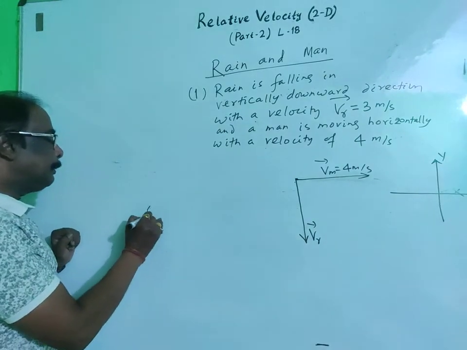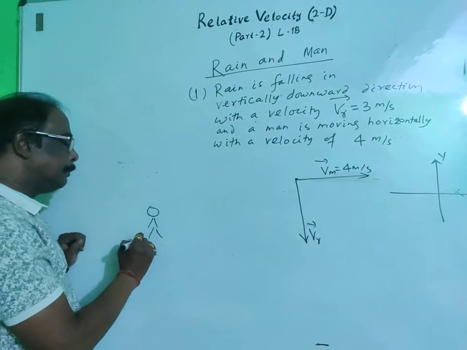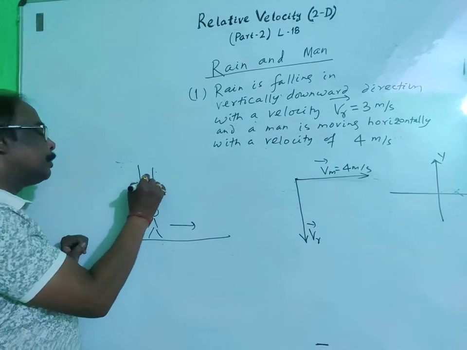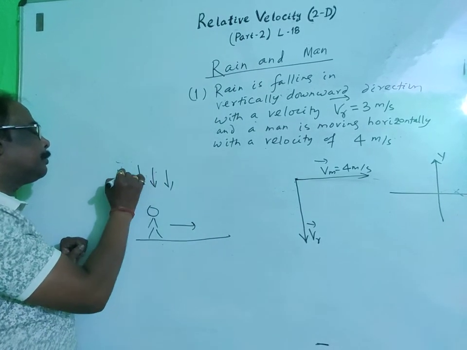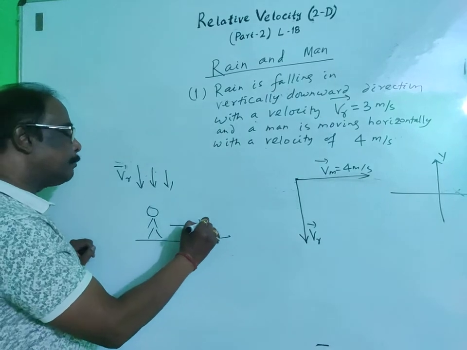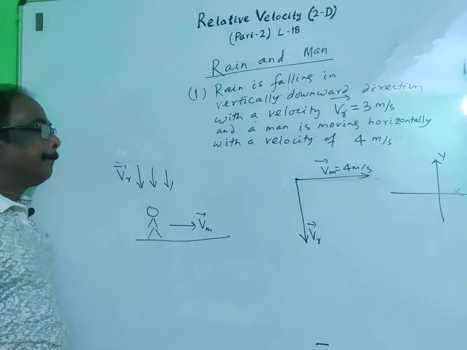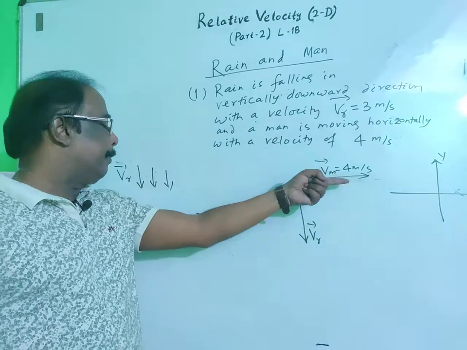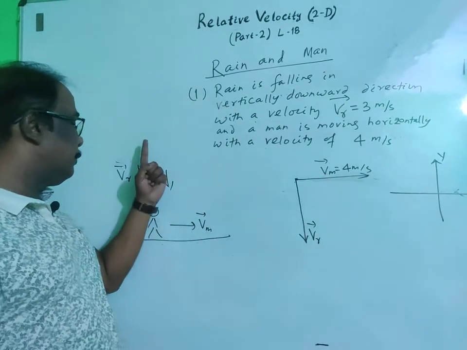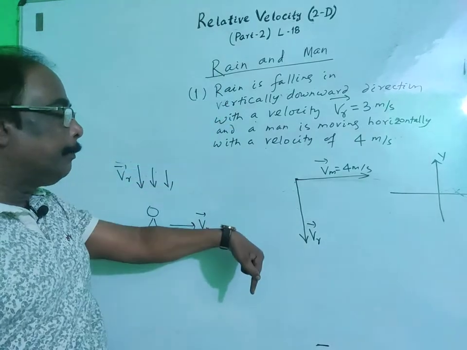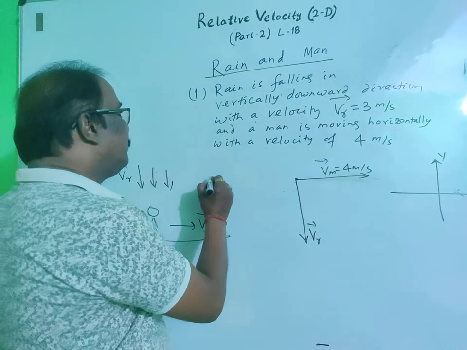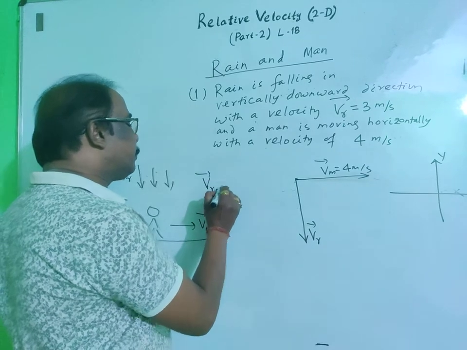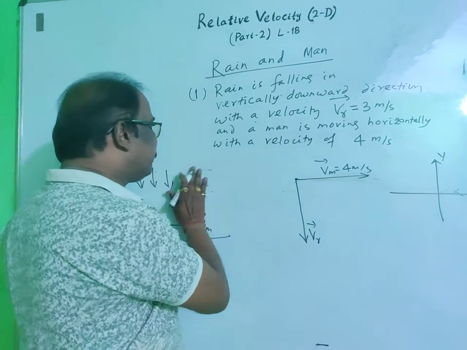You may represent here a man moving in the horizontal direction and rain falling vertically downward. This is the velocity of rain and this is the velocity of man. So we represent the velocity of man along the positive x-axis and the velocity of rain along the negative y-axis. Our aim is to calculate the velocity of rain with respect to man. Then what do we have to do?